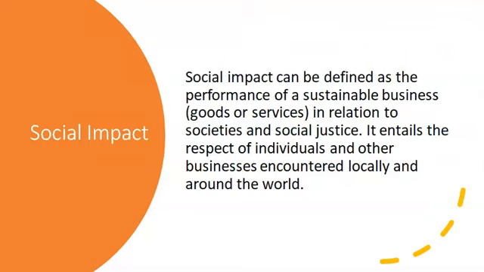Let's look at social impact, the first of the three. Social impact can be defined as the performance of a sustainable business, be it goods or services, in relation to societies and social justice. It entails the respect of individuals and other businesses encountered locally and around the world.